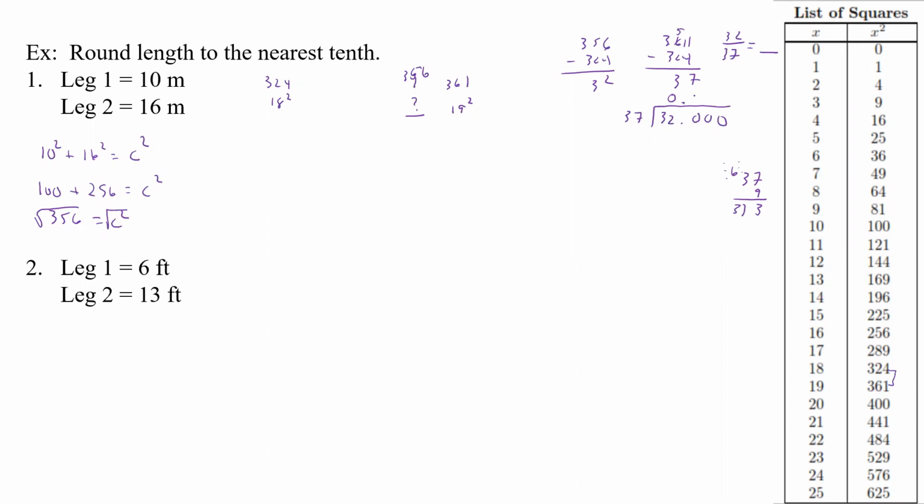So 9 is a little too big, so that means it's going to be 8. And if we do 37 times 8, that's going to be 296. Now we can subtract that off.